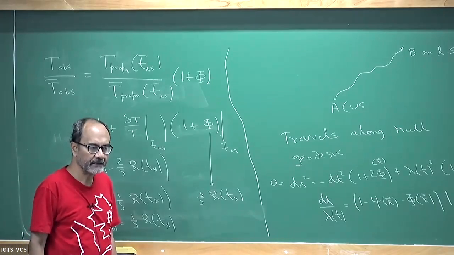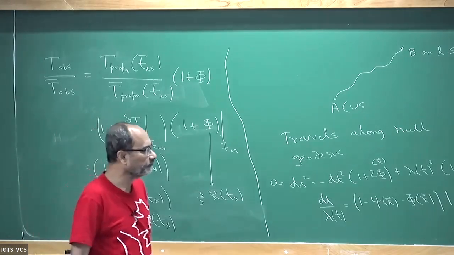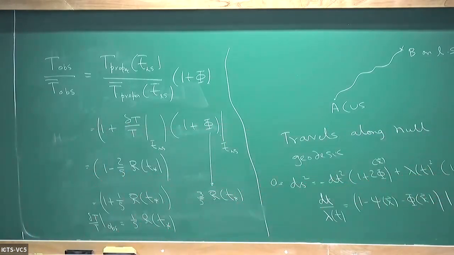Is this point clear? We have something like lambda T is constant, or lambda is this modified lambda, 1 plus phi. Lambda T equal to constant. Lambda T is a constant. No, lambda T is not constant, right? Lambda is the temperature, lambda times the temperature. Yes, indeed. So when we write the T observed in the observed metric, in our current time also there is the same fluctuation.